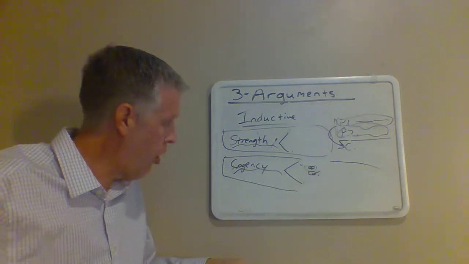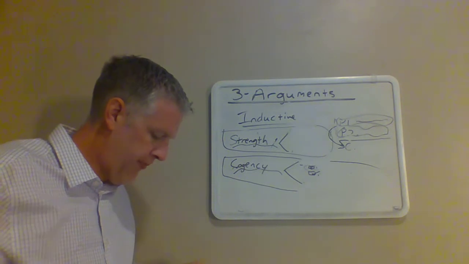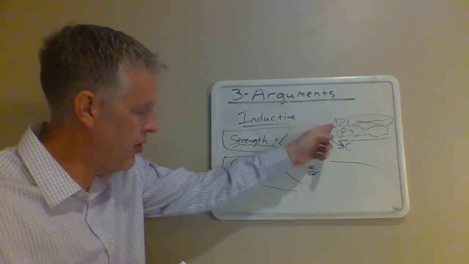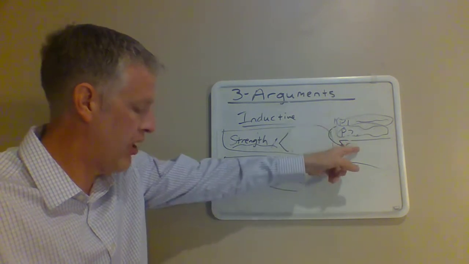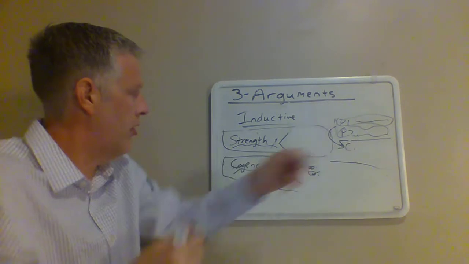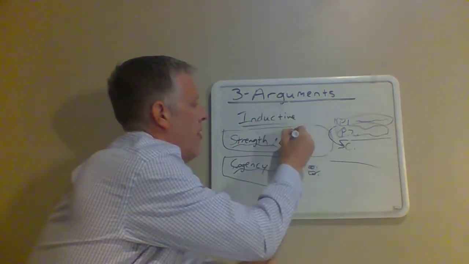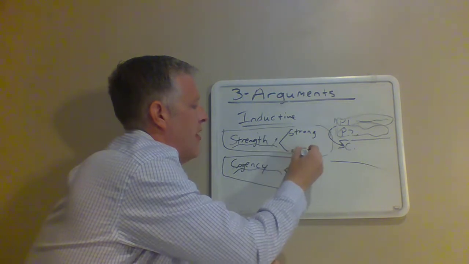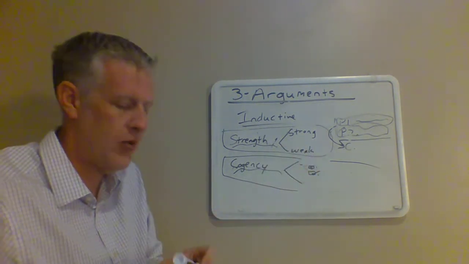So as I point out on slide 10, an inductive argument is strong if and only if the premises, when assumed to be true, make the conclusion much more likely. Then it's strong. Now this is a little tricky because you don't want to necessarily say that there's an on-off switch here.